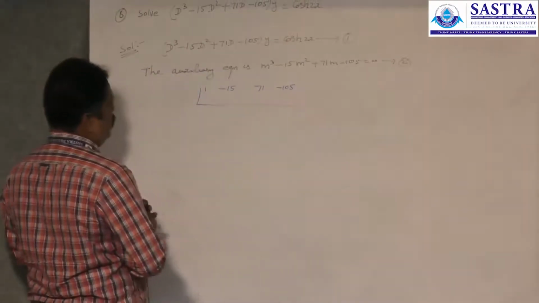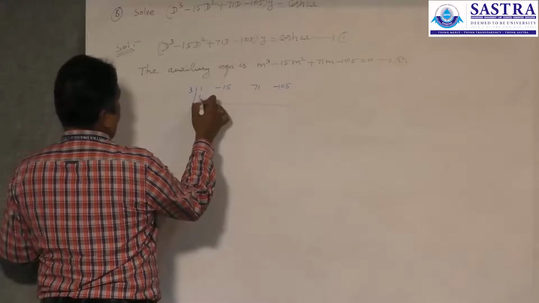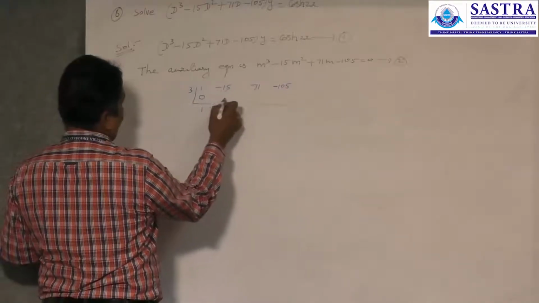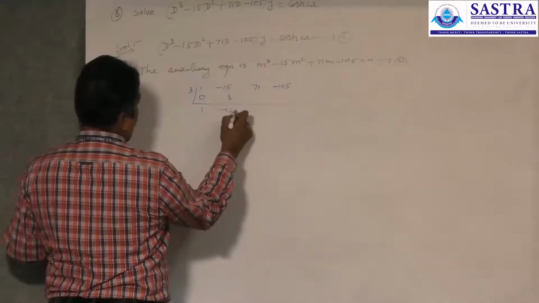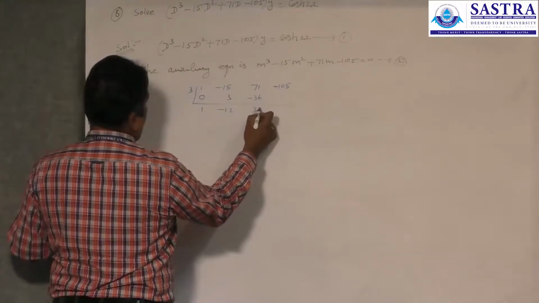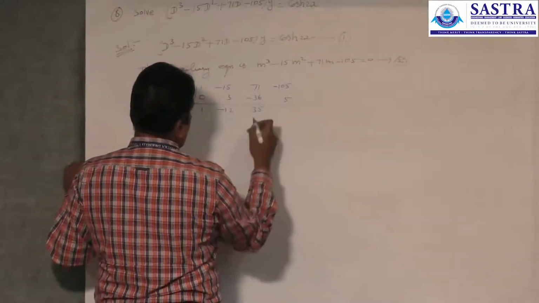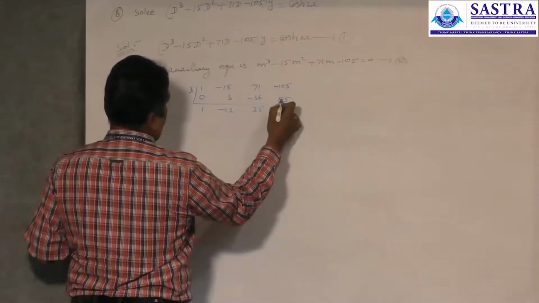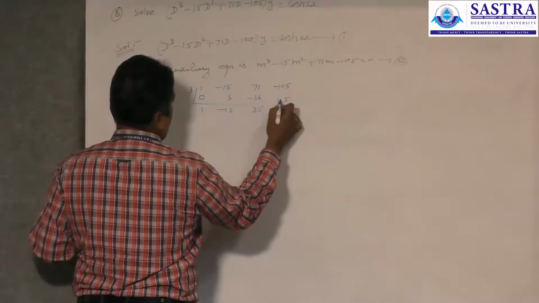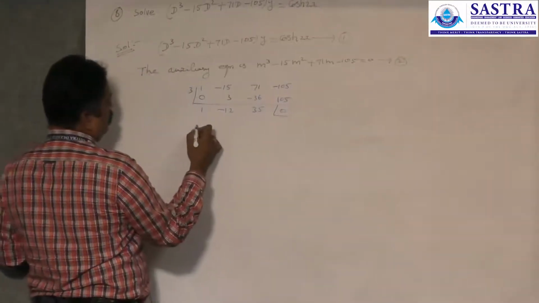So let us try out 3. 1 plus 0, 1. 3 ones are 3, minus 12, minus 36. 35, 3 5s are 15, 3 3s are 9, 10, 105, 0. So 3 comes out to be the root.